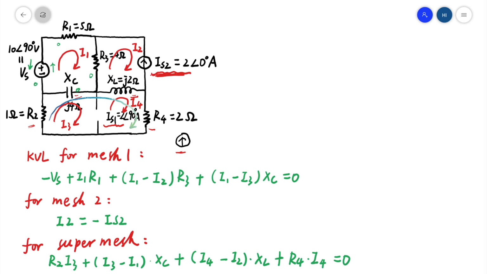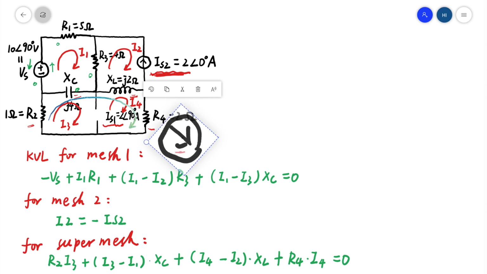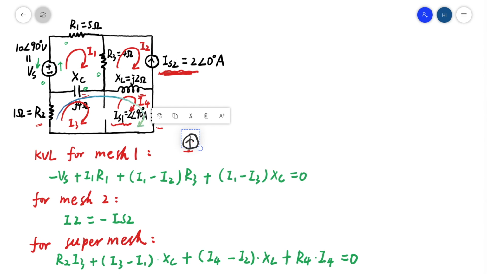So we could move this back. This will be an equation where the current source is equal to one of the mesh currents minus the other.